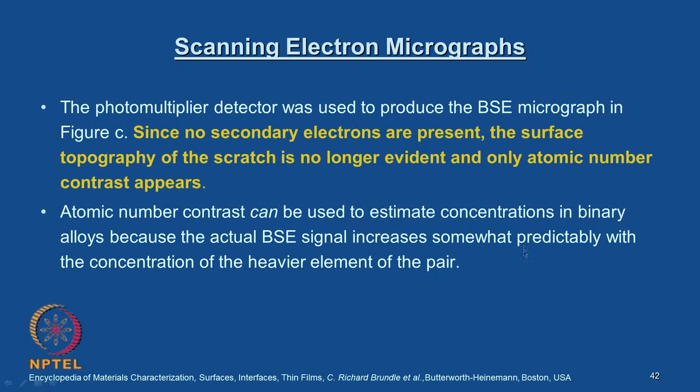So, this point is about the material detail, and what you have to understand is that BSE is sensitive to atomic number. We will talk about this in much more detail when we discuss image contrast and contrast mechanisms and so on.